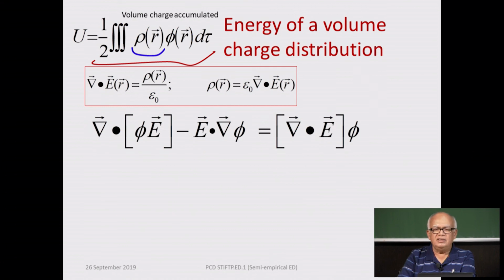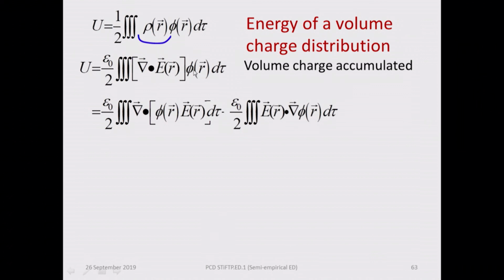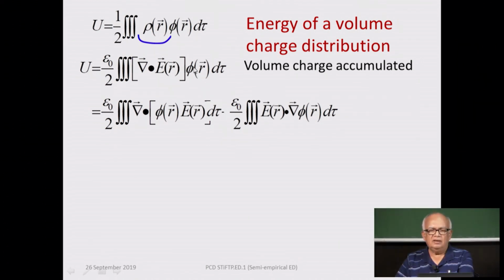So, you can write this divergence of E in terms of the divergence of phi times E, because this is just the divergence of a product, phi times E. So, using this identity, you can write this as a difference of these two integrals, of which this is the volume integral of the divergence. So there are these two terms.